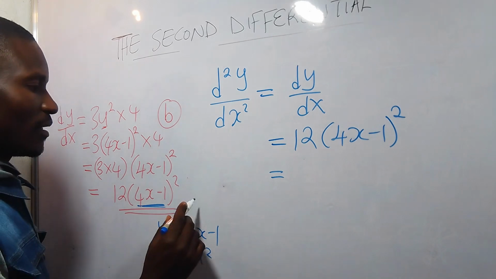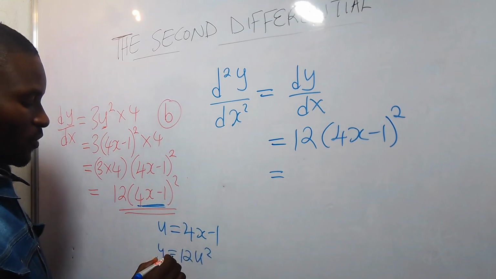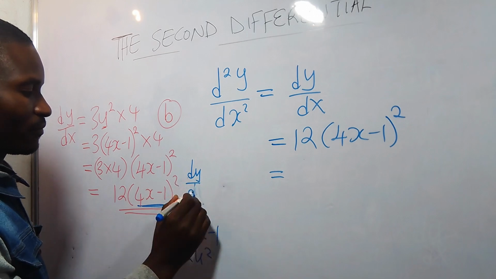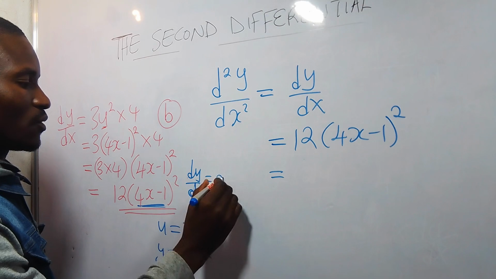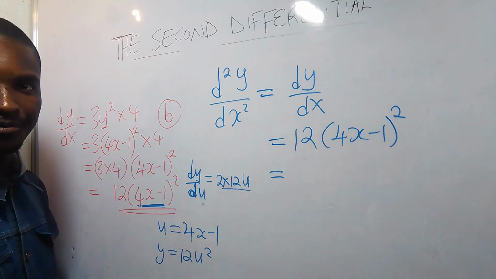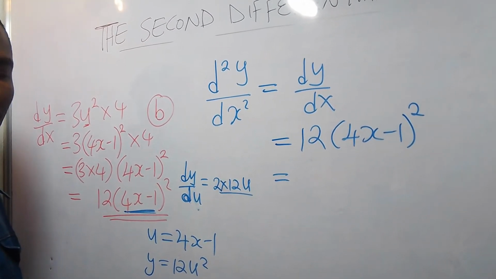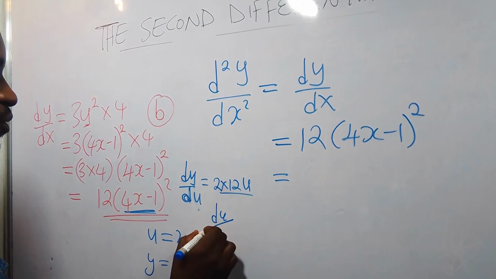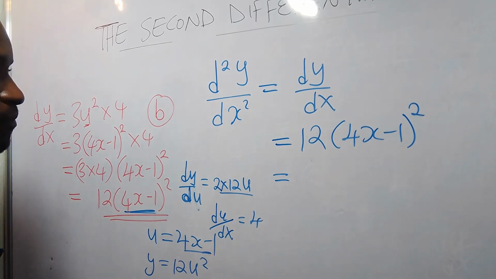Now we can say that dy over du equals 2 multiplied by 12, then u. Hope you can see that. And then du over dx is equal to this one, just 4.